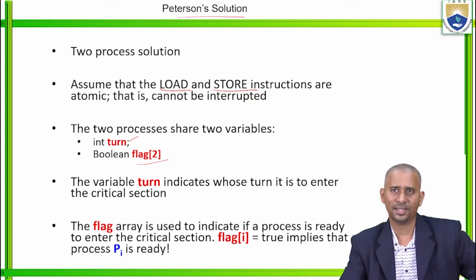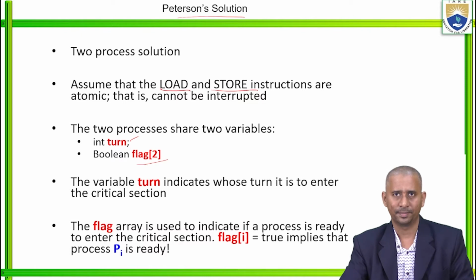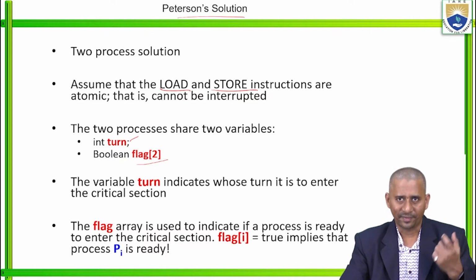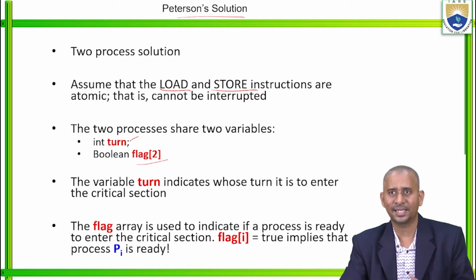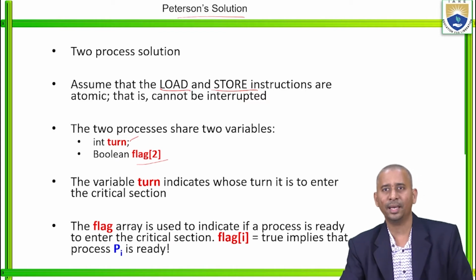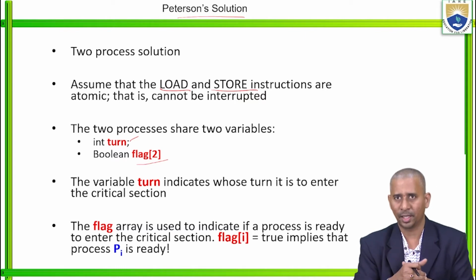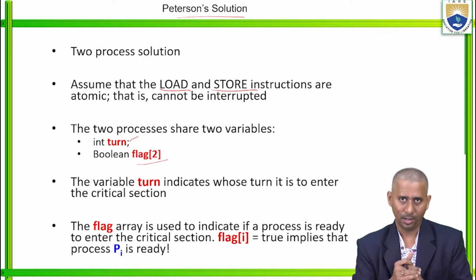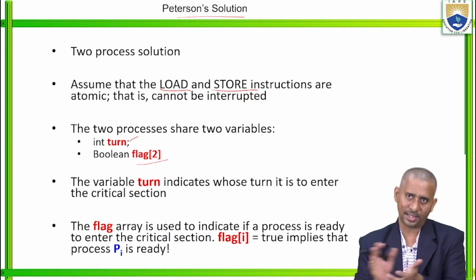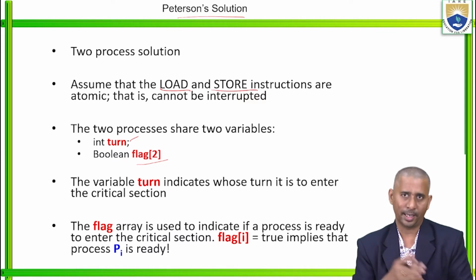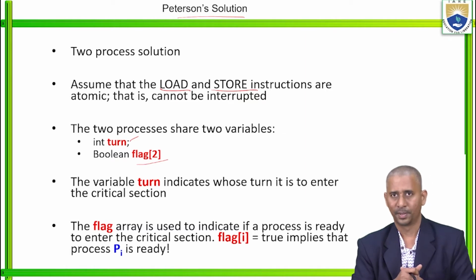So the two processes share two variables, the integer as well as the boolean. The variable turn indicates whose turn it is to enter into the critical section. Let us take our previous example. If two processes are ready to enter into their critical sections, those two processes share these two variables, turn and flag.